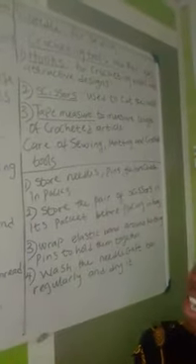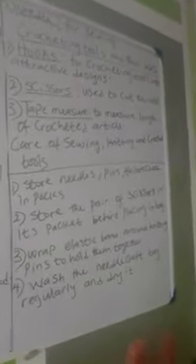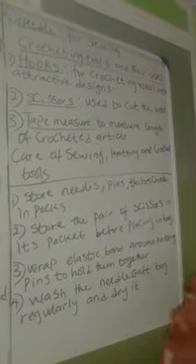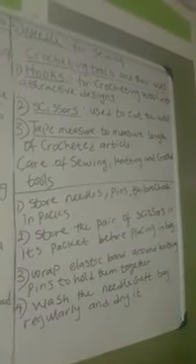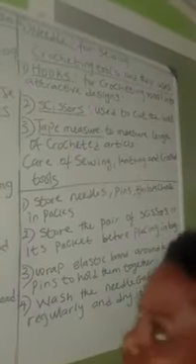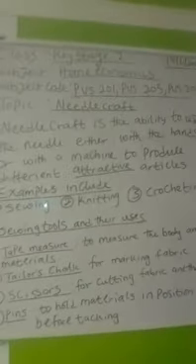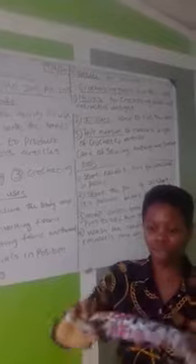So with this today, I believe you understand what needlecraft is all about and also how to make attractive things with sewing. If you look at this face mask, look at the material used to make it, very attractive. The way it is made is so lovely.